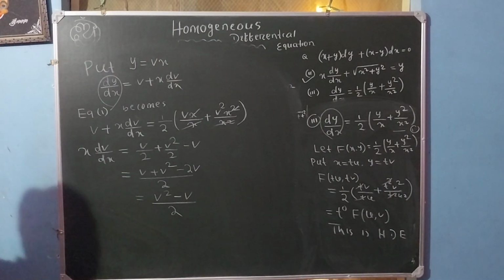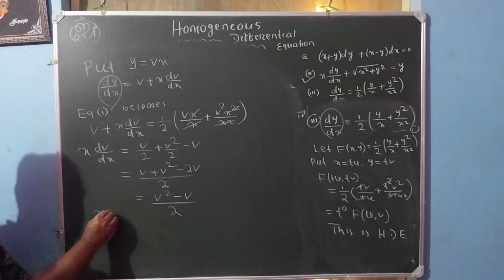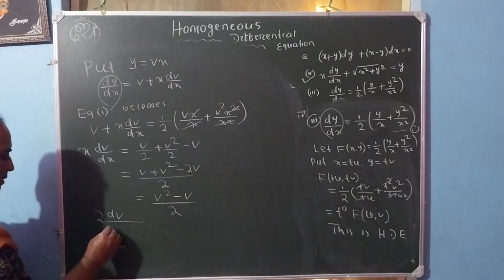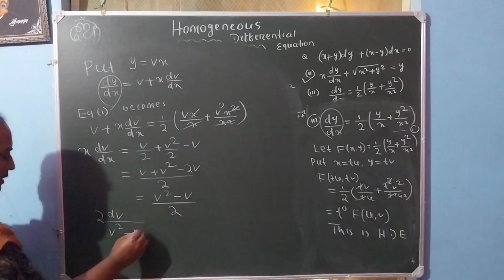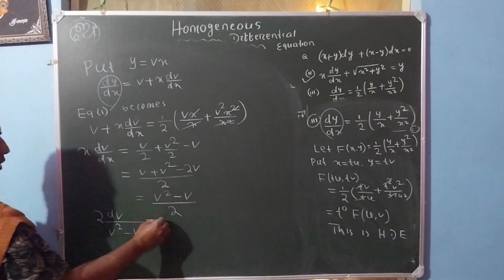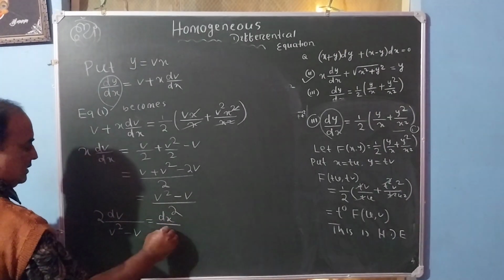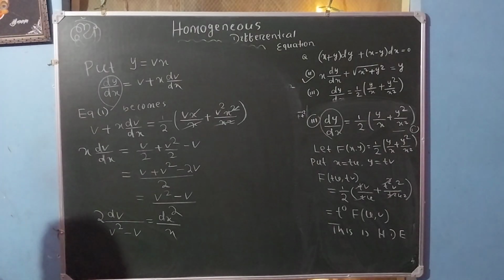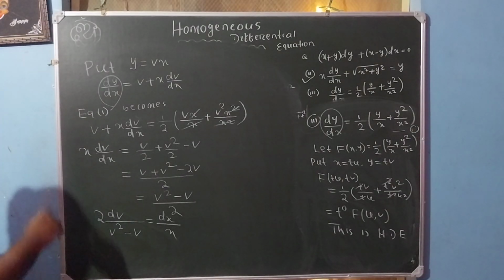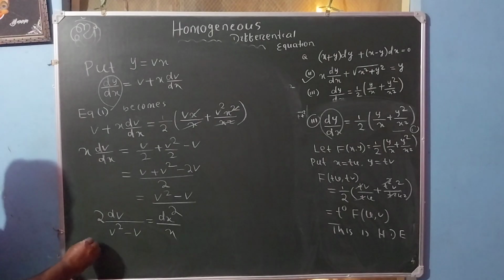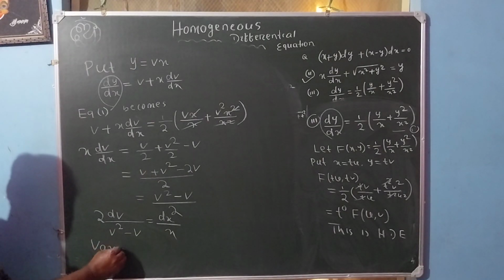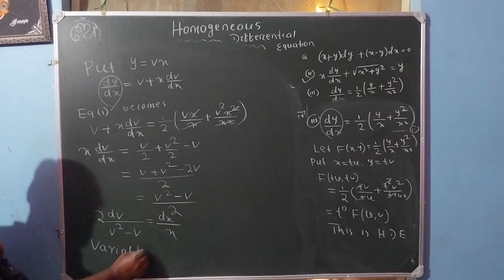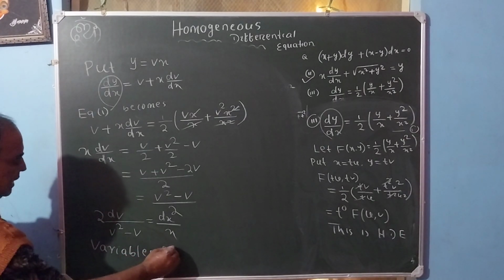Separating the variable, we get 2 dv by v square minus v is equal to dx by x. Variables separated. You see here, variables separated.